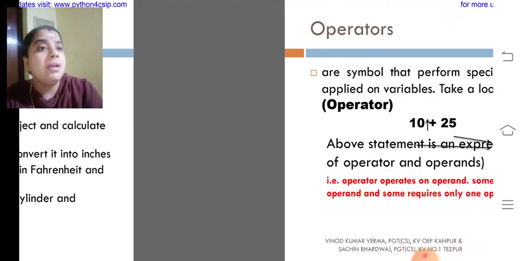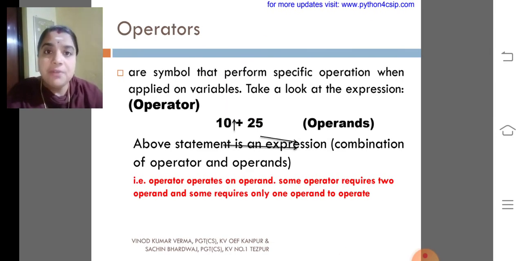Now, we need to discuss some operators. This is the next token we have to discuss. Operators are symbols that perform specific operations when applied on variables. Look at that: 10 plus 25. 10 and 25 are what? Operands.